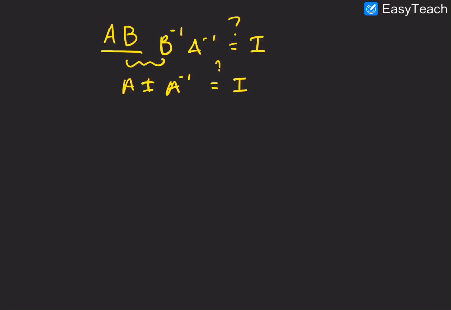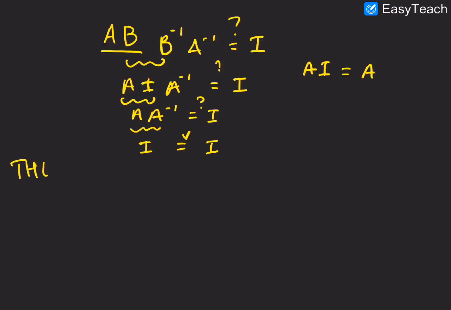Okay, then we have to state that A times I is equal to A. And then we can say that A times A inverse possibly equals I. But then we know that those two will equal the identity matrix. And then we get that.